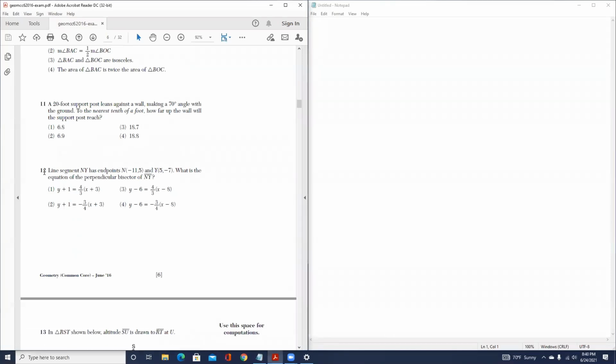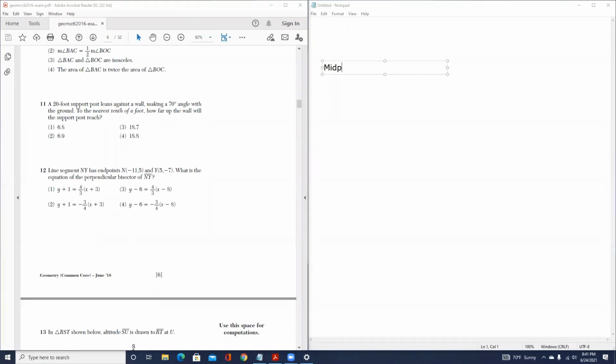Now we're going to move on to question 12. Line segments. The line segment NY has endpoints N at (-11, 5) and Y at (5, -7). What's the equation of the perpendicular bisector of NY? Now you could graph this. In this case, I'm not going to, but I will write out the important formulas to use.